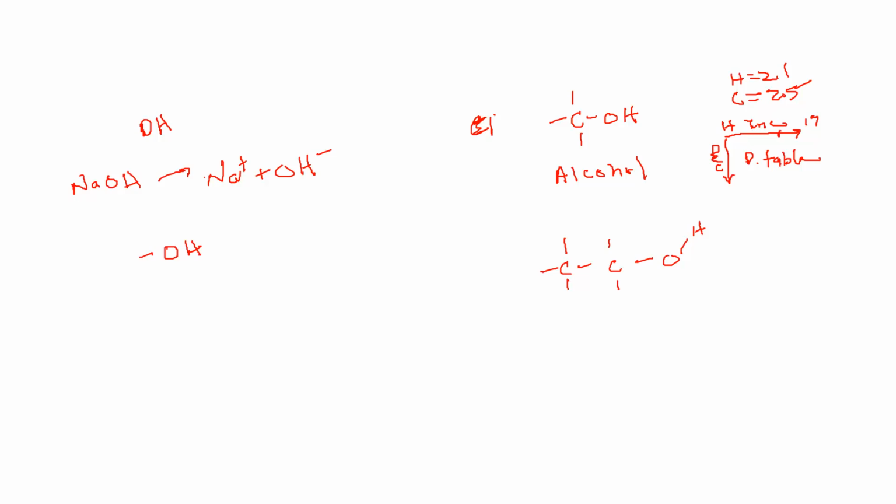So that means there's an unequal sharing of electrons between the oxygen and the hydrogen. The electrons over time spend more time around the oxygen than the hydrogen. And so we get a partially negative charge on the oxygen, a partially positive charge on the hydrogen. Well, that creates a polar bond here.